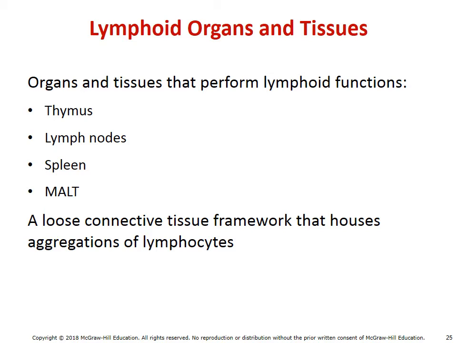So there are again several organs and tissues that will be associated with the lymphoid system, including things like the thymus. The thymus is going to be very well known for helping to mature T cells, which are a part of the specific immunity. We also see the lymph nodes, which I just described a second ago as being basically meet and greet areas where potential pathogens or even our phagocytes can introduce our B and T cells to potential pathogens.